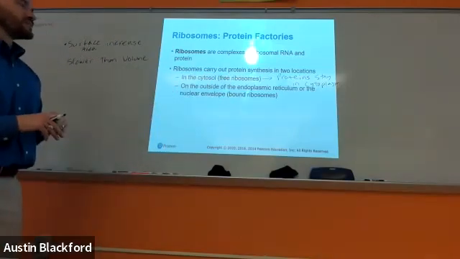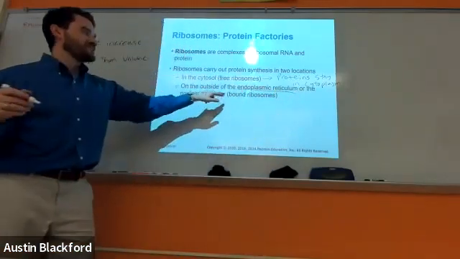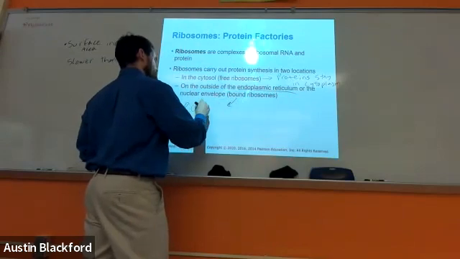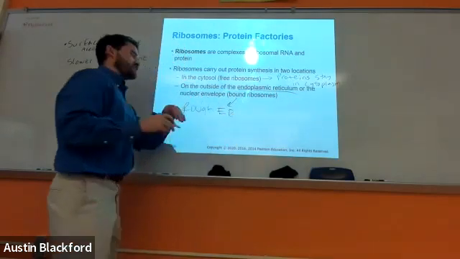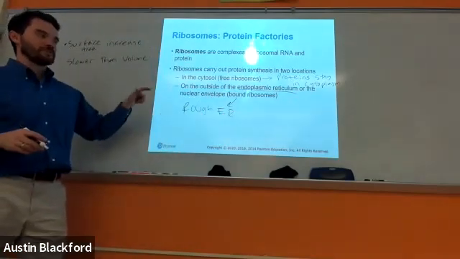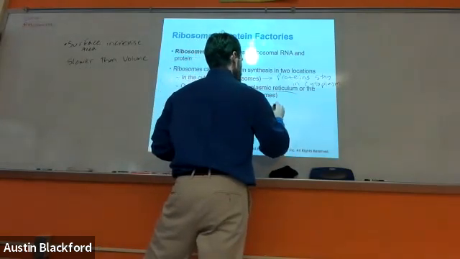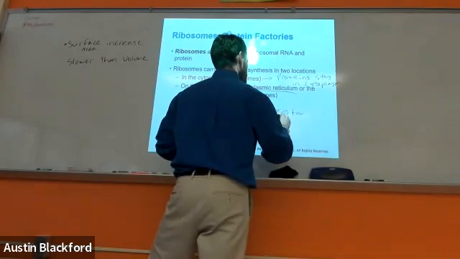Then we have something called the endoplasmic reticulum, where we have bound ribosomes on the rough endoplasmic reticulum, or rough ER, and I'll show you that in more detail in a bit. Those bound ribosomes are going to make proteins for outside the cell.